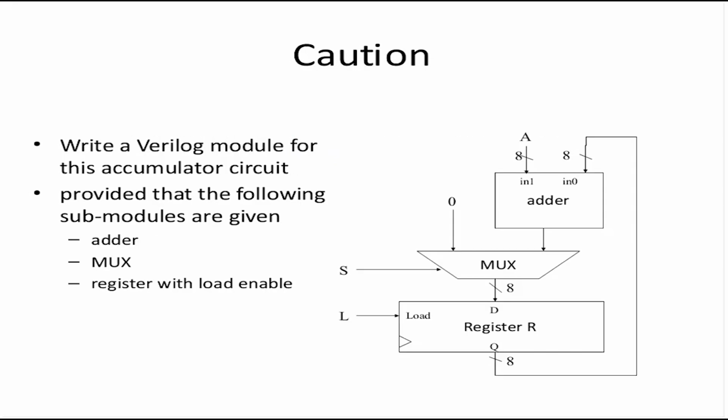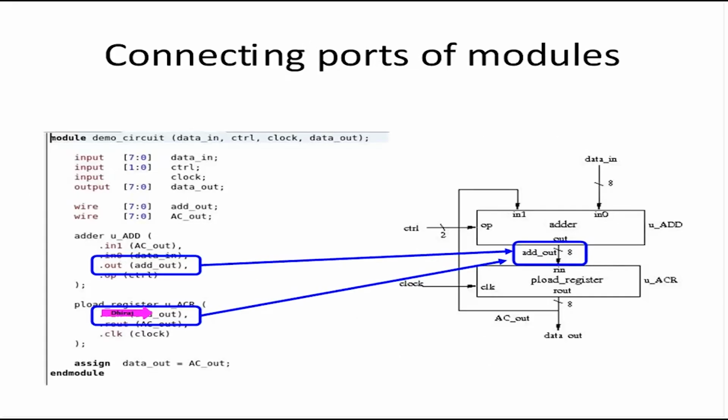Now if you fail to define a wire, let's say I do not define AC out, or we use add out but do not define it to be an 8-bit wire, synthesis will assume that add out is a single bit wire.